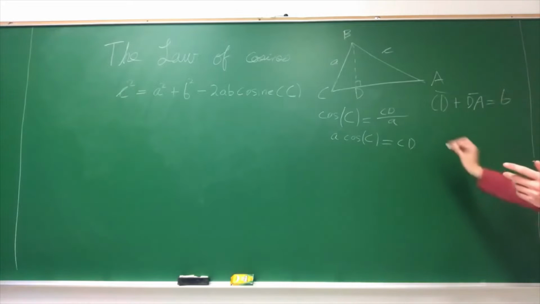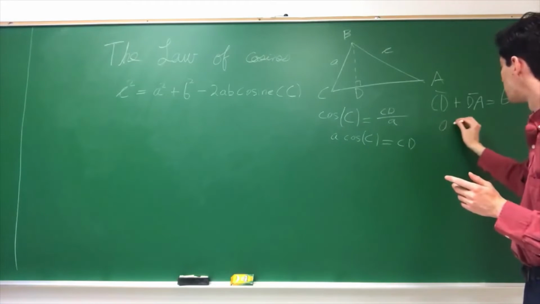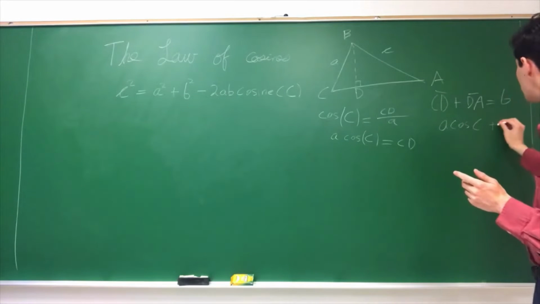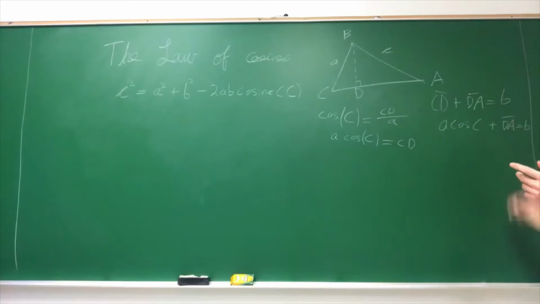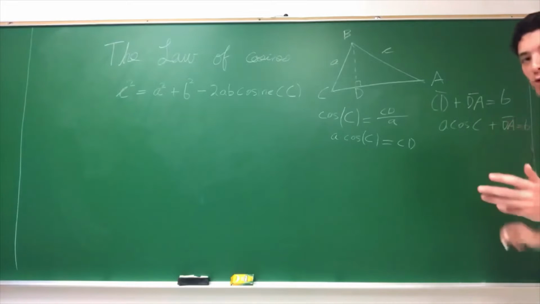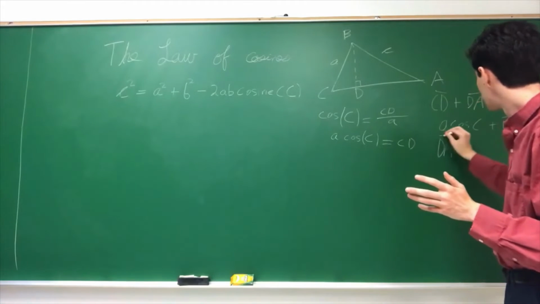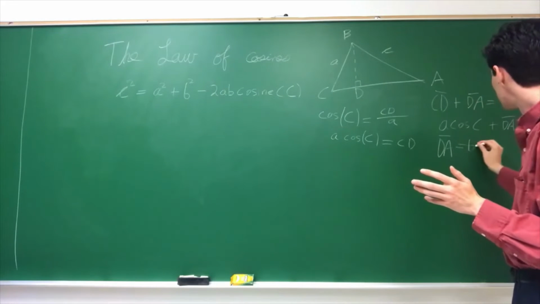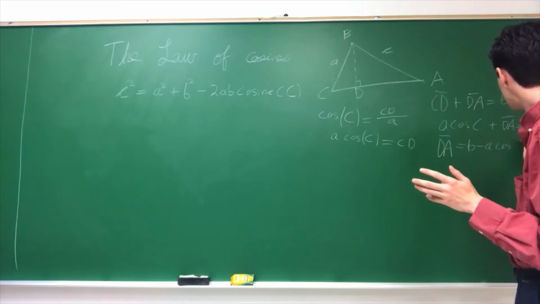However, because our CD is equal to a cosine C, we have a times the cosine of C plus DA is equal to b. And if we want just DA by itself, we can say DA is equal to b minus a cosine of C.